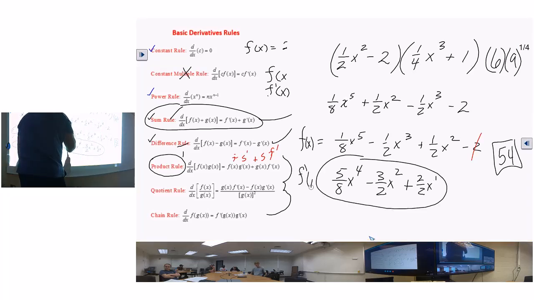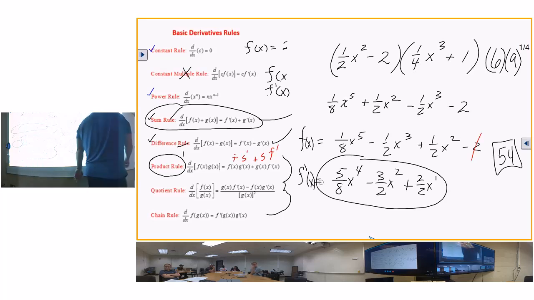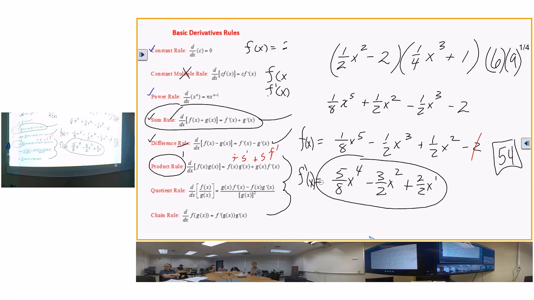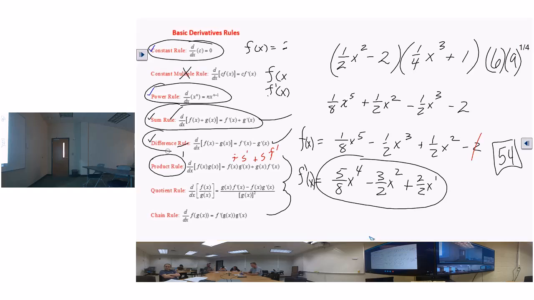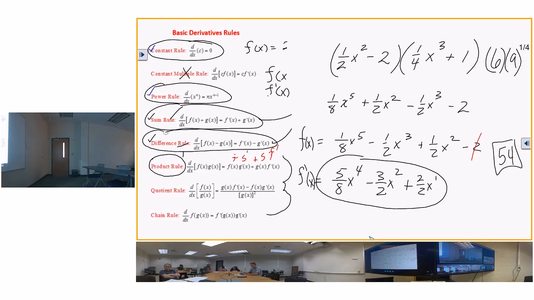Now again, I'm not worried about simplifying. I think most of y'all can write a 1 there and take that. I don't care about that, okay? All I care about is that you understand how to do either, at this point, the sum rule, the difference rule, or the product rule, or the power rule, or the constant rule. That's what we're working on. We're working on these right here. And the product.